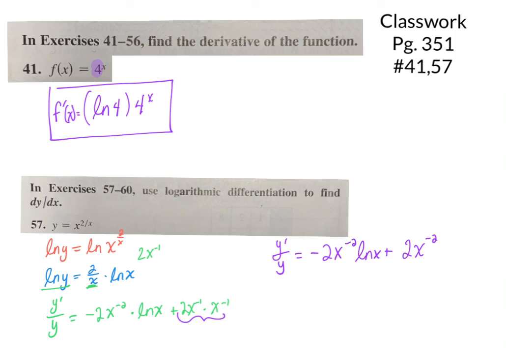So if I were to rewrite this, I could say negative 2 ln of x over x squared plus 2 over x squared, right?